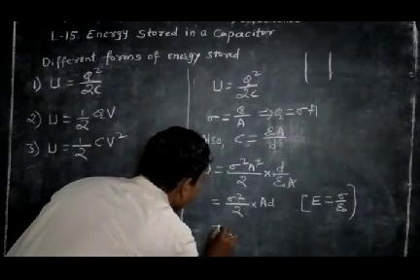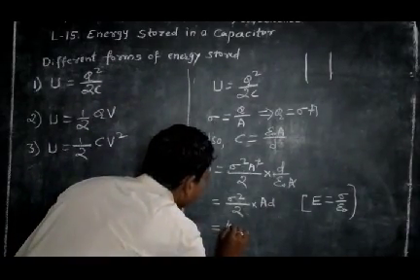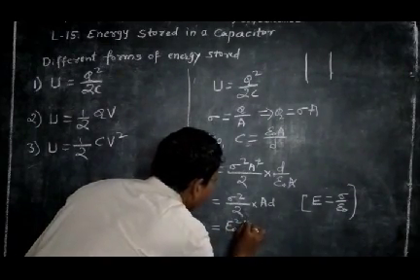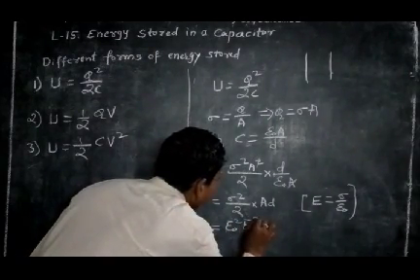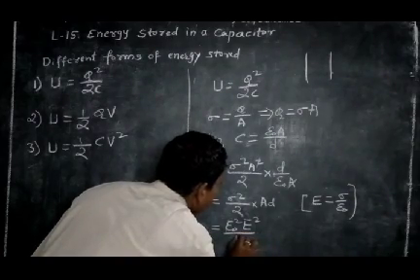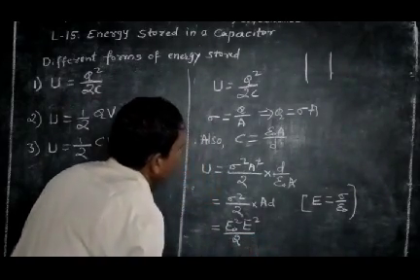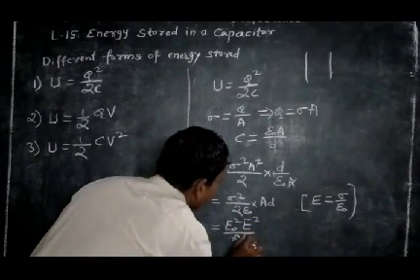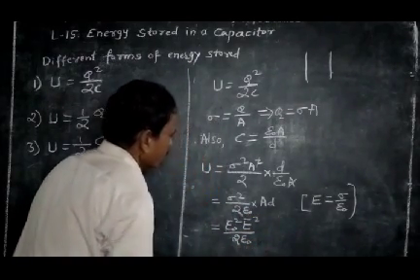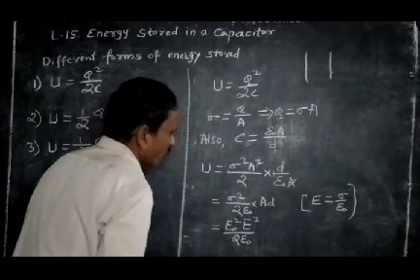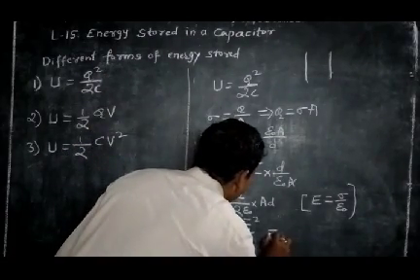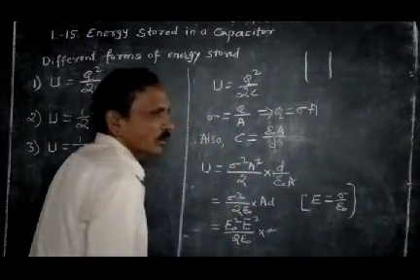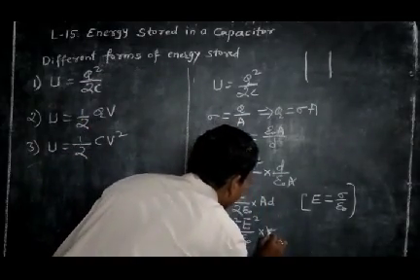Hence sigma square equal to E square epsilon naught square, divided by 2 epsilon naught. Here epsilon naught gets cancelled, remaining into AD, and AD equal to volume of the capacitor.